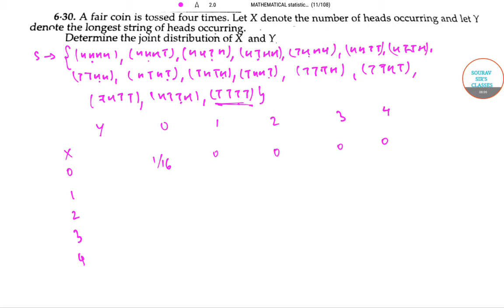Given you will have 1 head, 0 strings of heads is impossible, and similarly up to 4 heads it's impossible. So these probabilities come out to be 0.